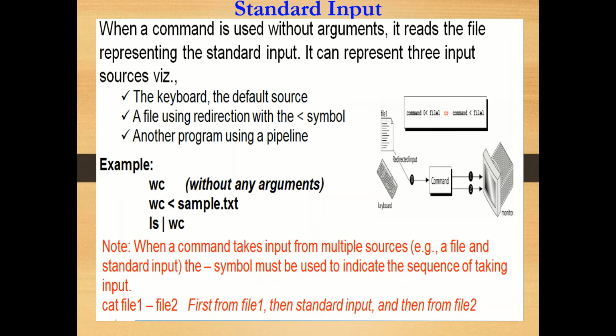Like this we can take the input from different sources. The figure shows how to use the command to take the input. This is the example of the keyboard, this is the example of an already predefined file. Like that you can combine any two different commands to perform the operation of standard input.